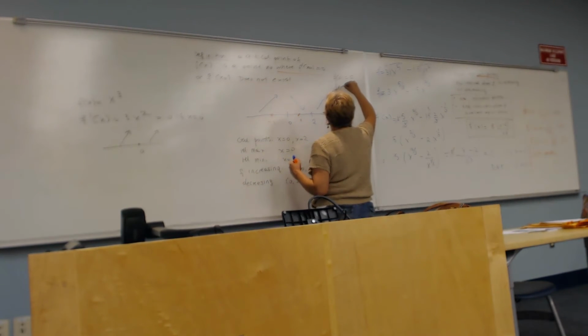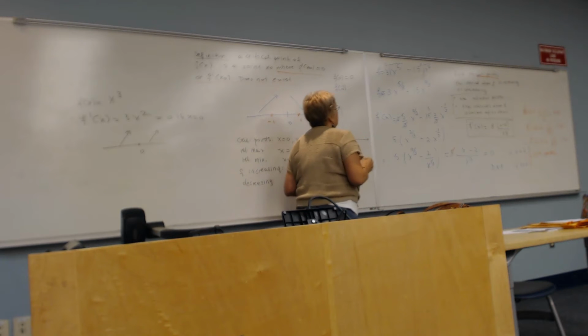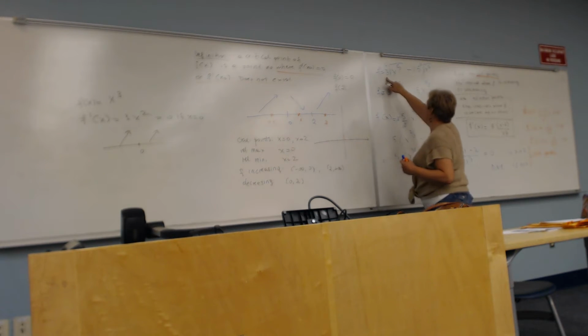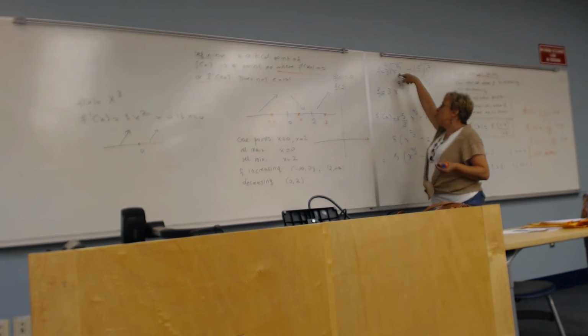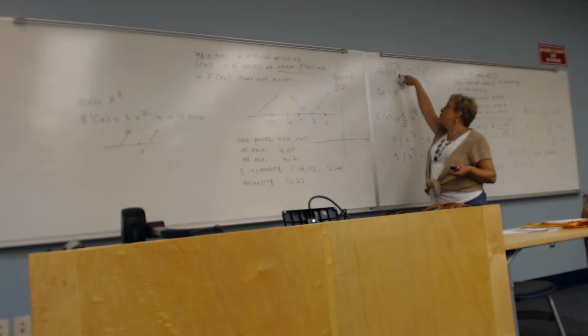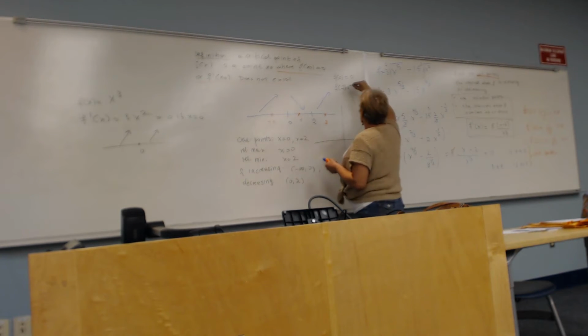Now, at the other critical point, the point 2, we get 3 times the cube root of 2 to the 5th, which is 32, minus 15 times the cube root of 4.